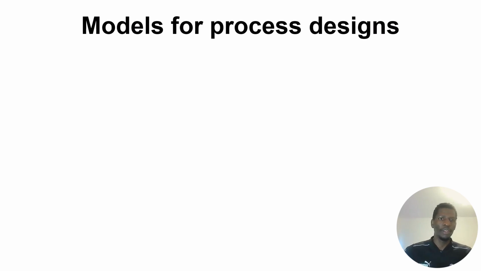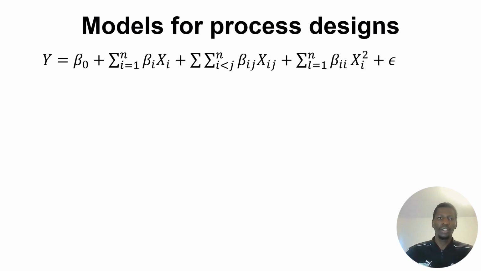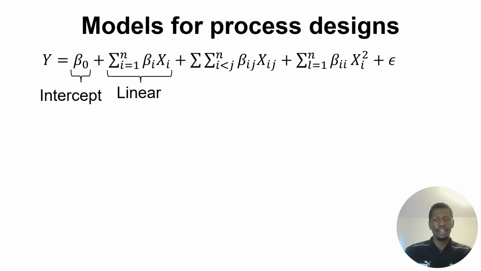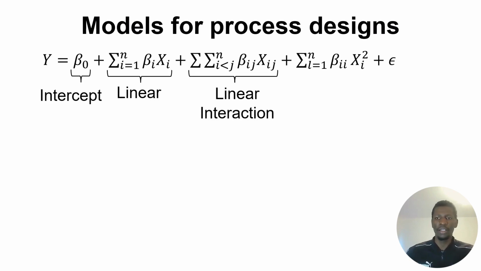So to develop a model, you have to start with the intercept. It gives us the starting point of your model. The next step is to develop how all the factors affect the drying rate. And here you look at the single effect of the factors in a linear model. Then after looking at the single effects, you go to the interaction terms, how these factors interact with each other to affect the moisture content.